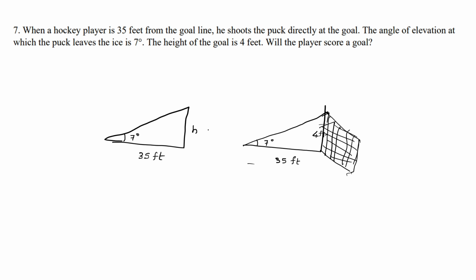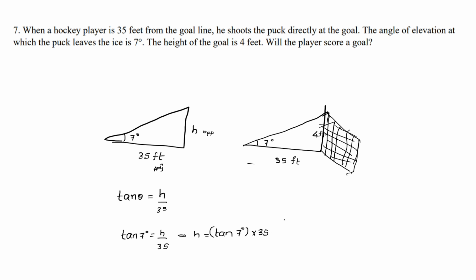Now since this is opposite and this is adjacent, I can apply tan theta. So tan theta is equal to opposite by adjacent. So tan 7 degrees is equal to h by 35. Therefore h is equal to tan 7 into 35.